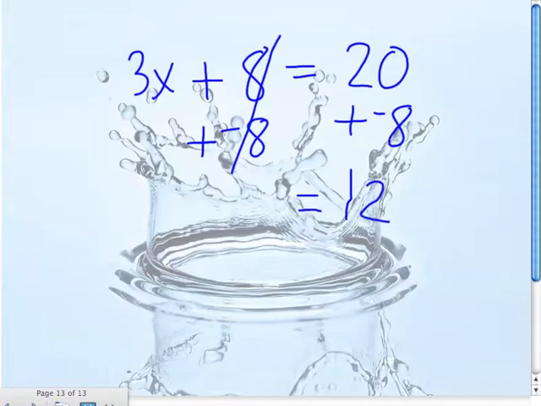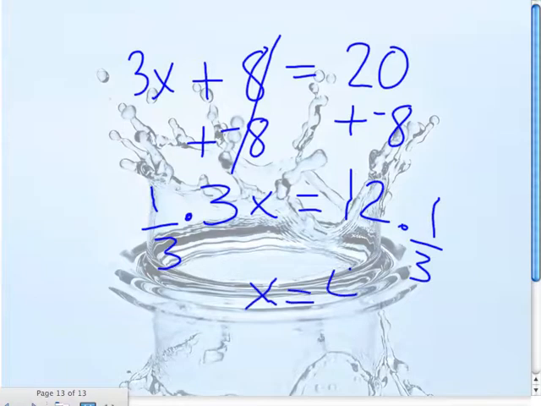On the left side, I have 3x left. So now I need to get rid of the 3. So now I do my reciprocal. It's worked out quite nice. So my x equals 4. The main thing to know is that you're adding the opposite first, and then you're doing the reciprocal. Other than that, it's the exact same steps. You're just doing 2 of them instead of 1 of them.